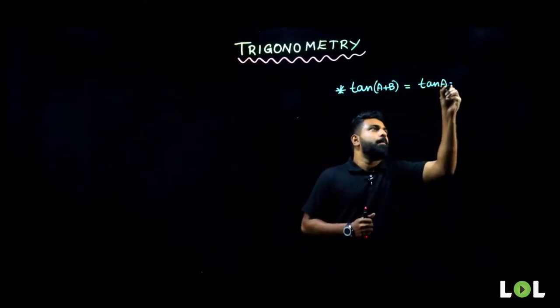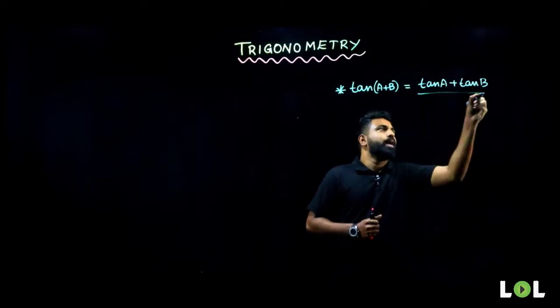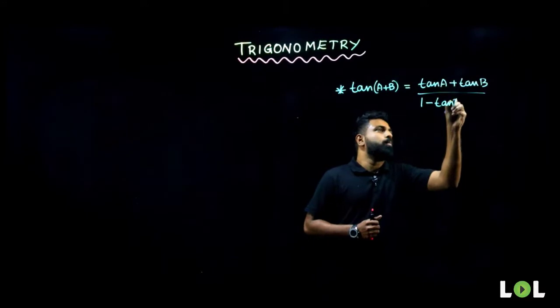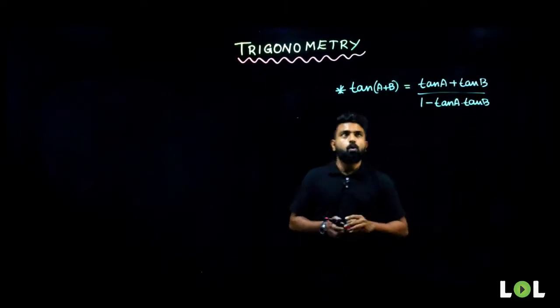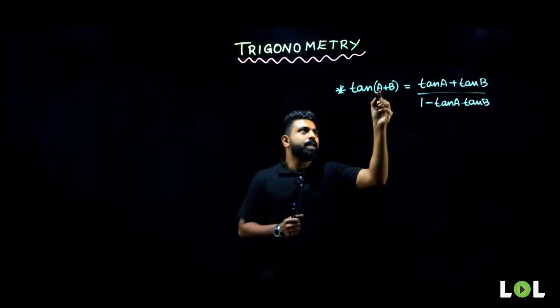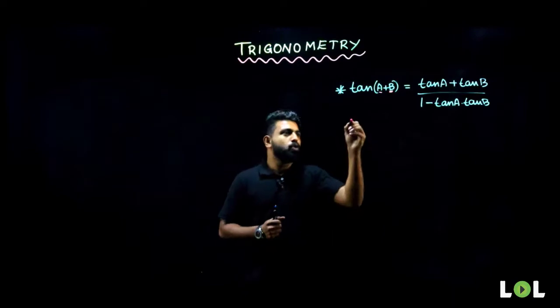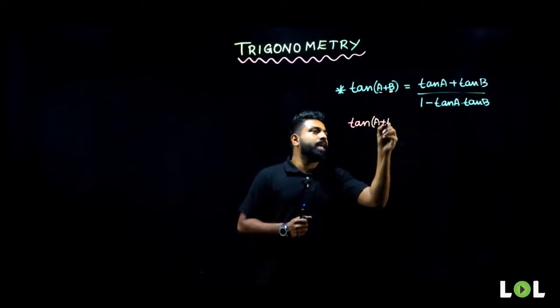tan a plus tan b divided by 1 minus tan a into tan b. Now, what I do here is, like in my previous derivations, instead of b here, I take this also as a. So, what will I be left with? Tan of a plus a.